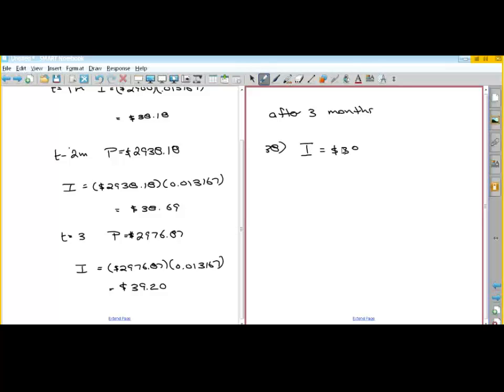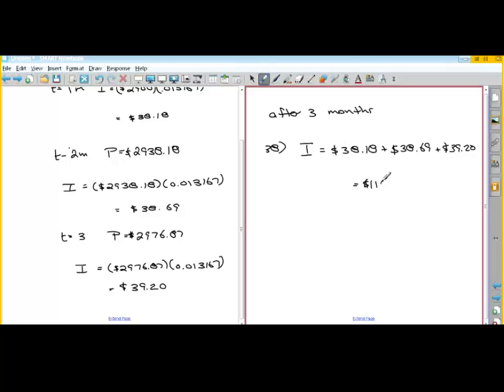So the total interest is now due because you haven't paid it off in 3 months, so now you are having to pay interest. So you add those together: 38.18 plus 38.69 plus 39.20, and you get 116.07.